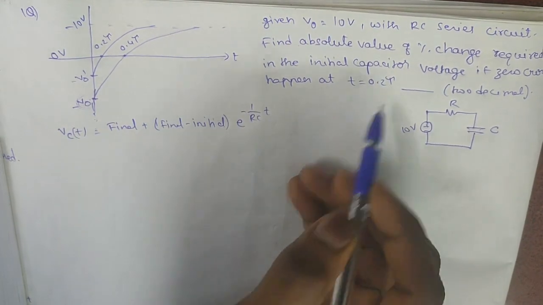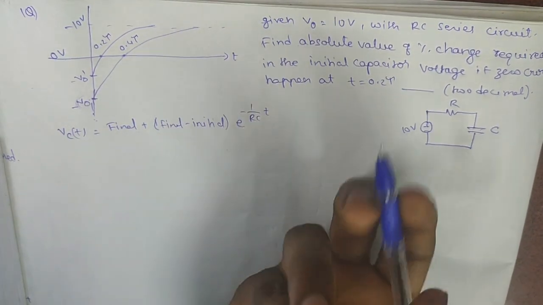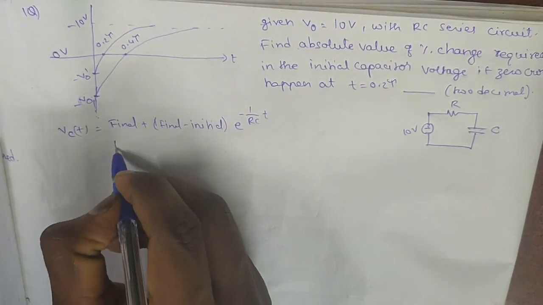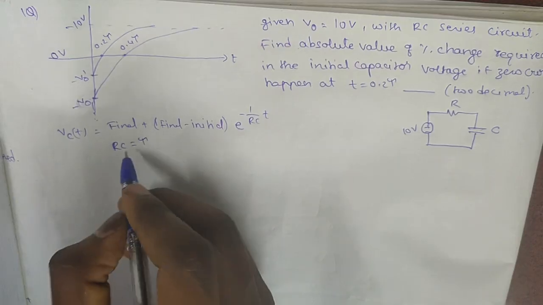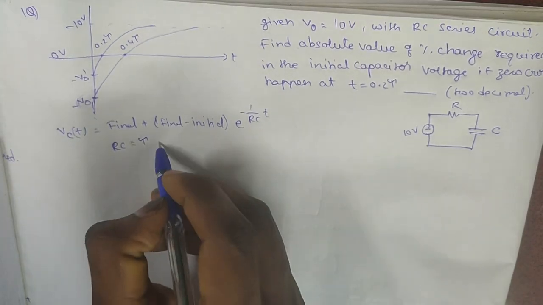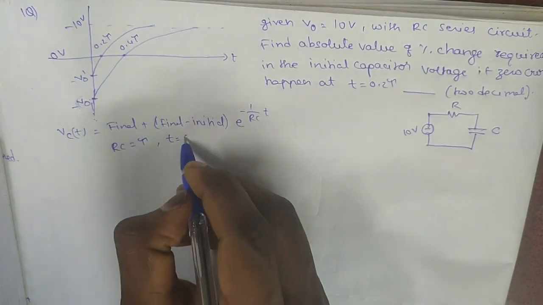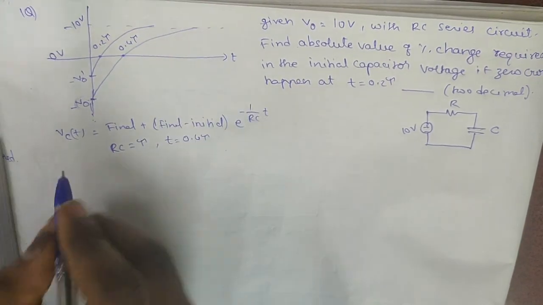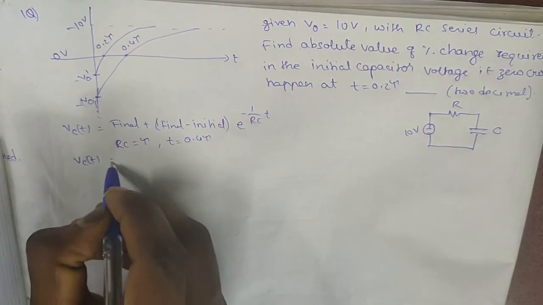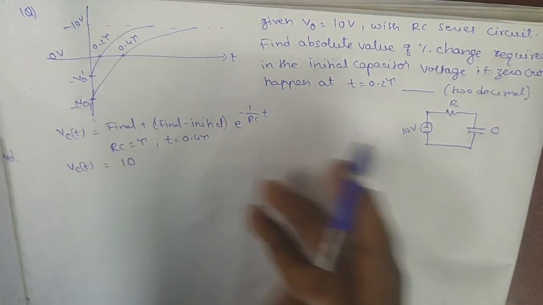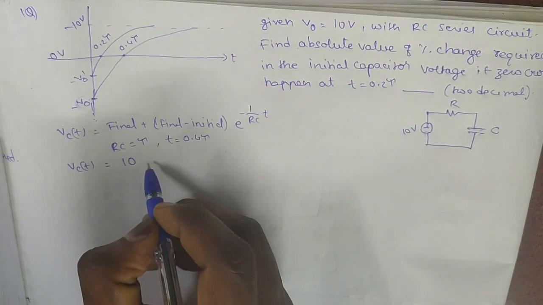They are talking in tau, so RC is indirectly a tau value. We consider RC as tau, and we place t equal to the first value, 0.4 tau. So we will rewrite the equation with the final value directly 10 volts, as it is connected to 10.